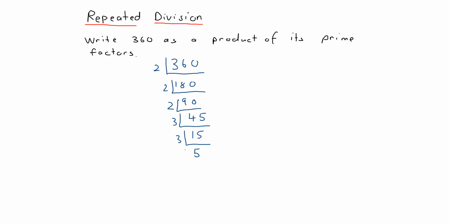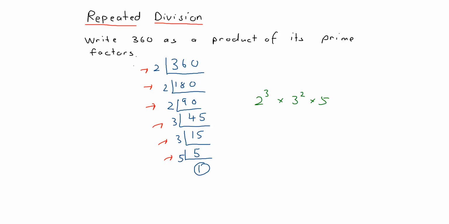I divide it by 5, and I get 1. I guess that means I'm done. So then if I look at these numbers down the side, 2, 2, 2, 3, 3, 5, I get my prime factorisation again of 2 cubed, because it's 2 times 2 times 2, times 3 squared times 5.